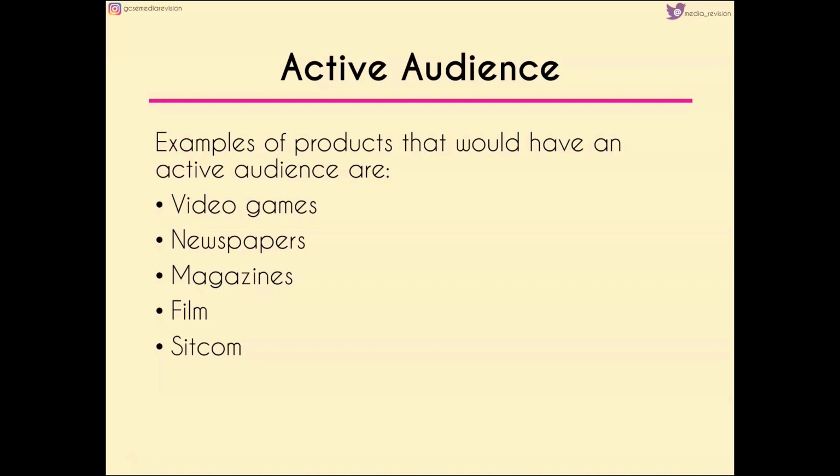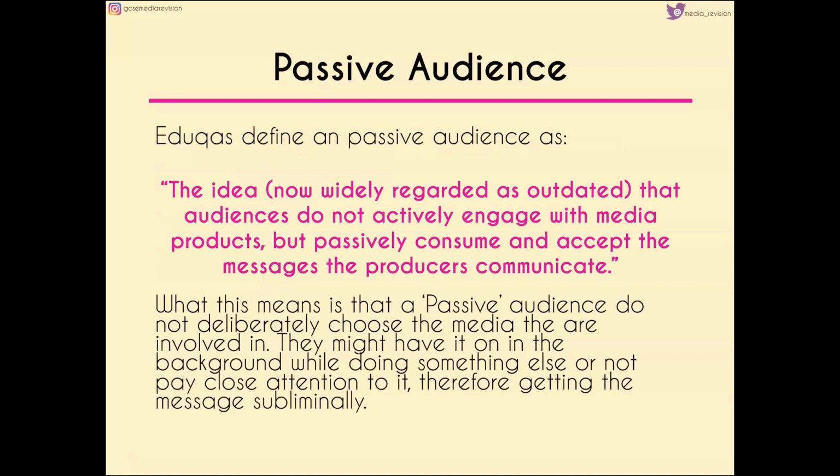Now what's interesting about film and sitcom is that they can have active audiences, people who literally choose to put this on, and who choose to sit and watch a film or to watch a sitcom wholeheartedly without doing anything else in the background. But they are also able to have passive audiences.